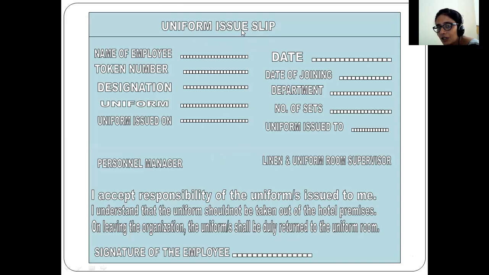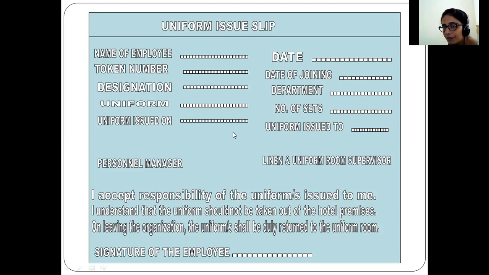Now we have the uniform issue slip. When we have decided that this cloth material is decided and this design is decided, then after that we have to prepare the uniform issue slip. It has the name of the employee, token number, designation, uniform issued on, date of joining, department, number of sets, uniform issued to.